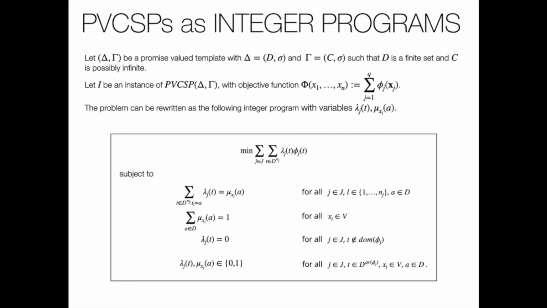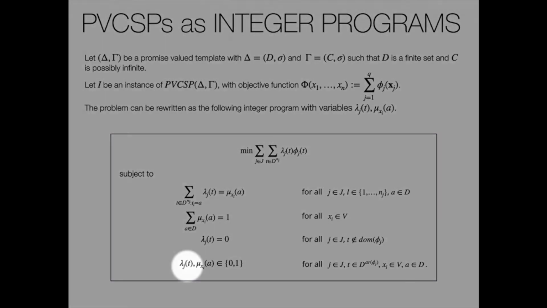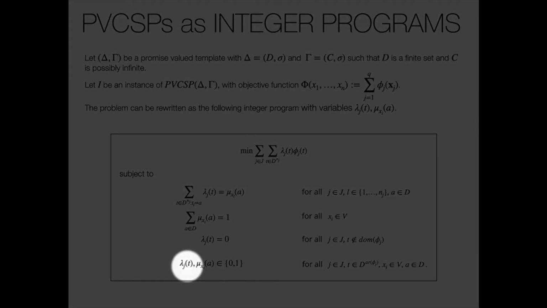The problem PVCSP(Δ, Γ) on instance I can be rewritten as the following integer program with variables λjt and μia. Let us take a moment to understand what is going on in this minimization problem. The variables λjt and μia are required to take values in the set containing 0 and 1.